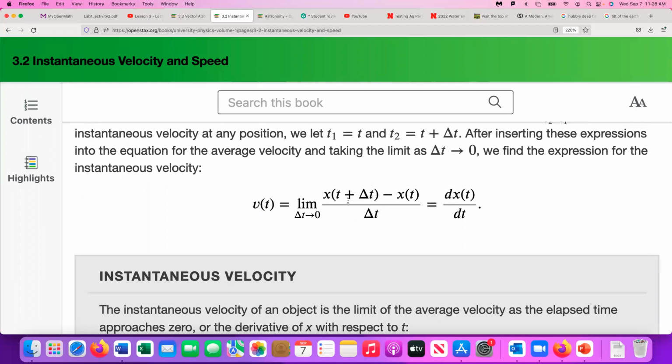And then you take this limit, you essentially squeeze that time down to a very, very tiny bit of time, so that the two positions you're looking at are essentially right next to each other in time. And that limit allows us to look at two times that are extremely close together or infinitely close together, and to zero in on that displacement over time, or that velocity at that point in time, right?